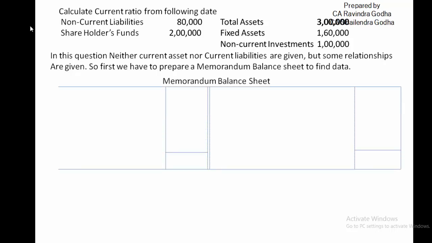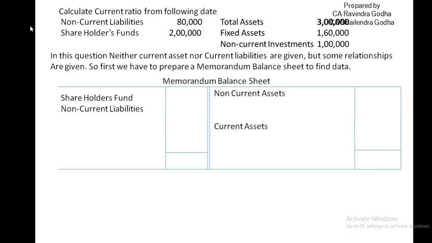In companies, balance sheets are prepared in vertical form, but for ease I am preparing it in horizontal form. Then you all know that there are 5 major heads in balance sheet, 2 in assets and 3 in liabilities. First major head in assets is non-current assets, second current assets, next shareholders' fund in the liability part, non-current liabilities and current liabilities.